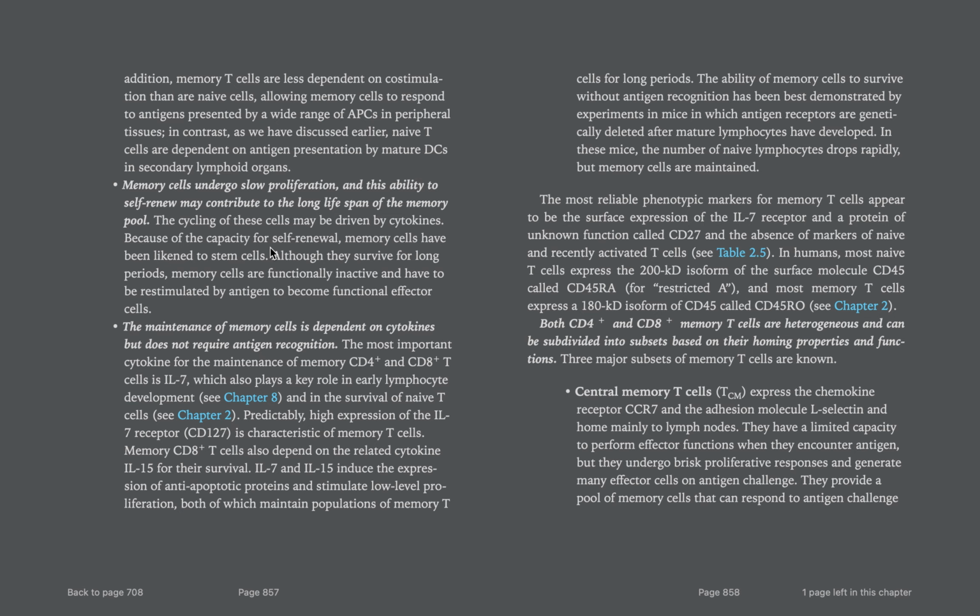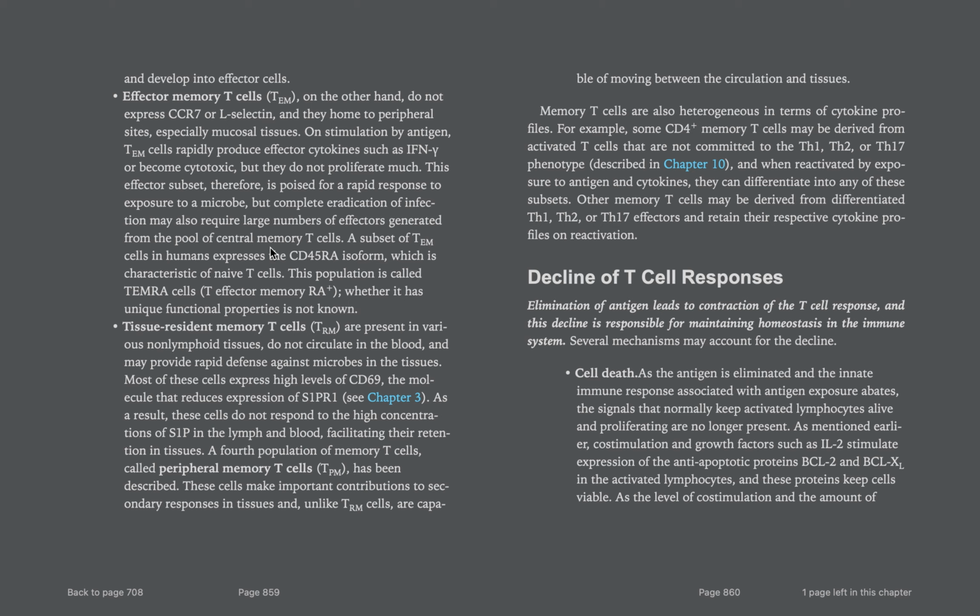Then we have effector memory cells, on the other hand, that don't express CCR7 and L-selectin. We have tissue resident memory T cells, but currently we also have another type of cell, a fourth population of memory T cells called the peripheral memory T cell.